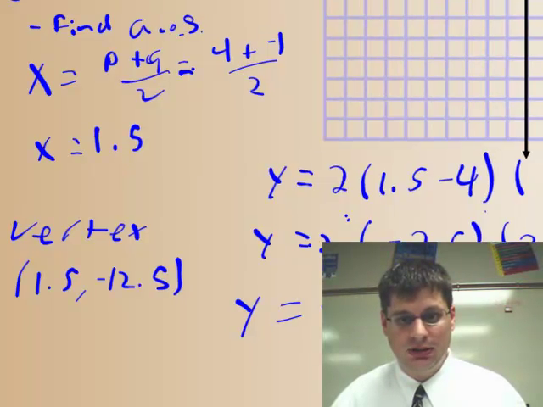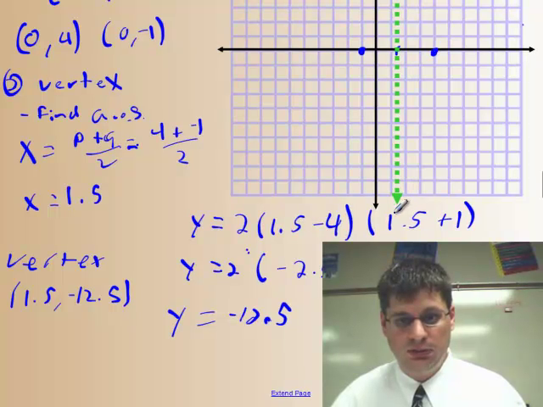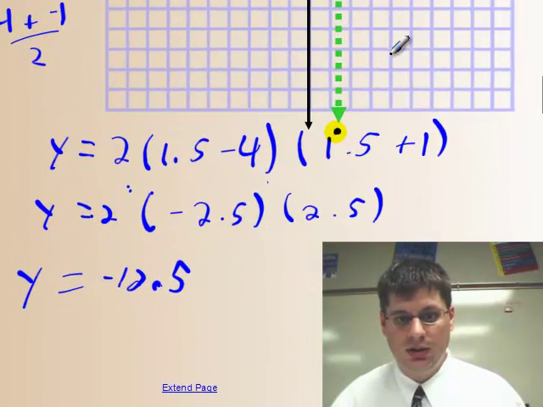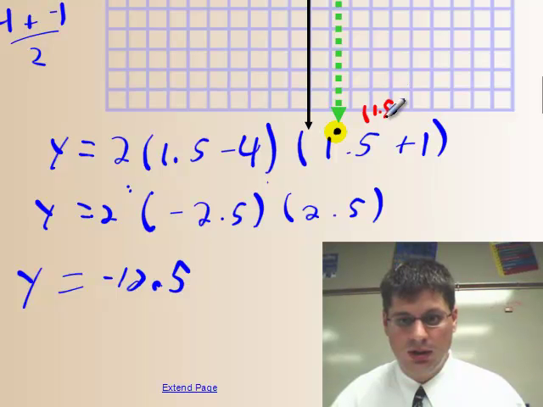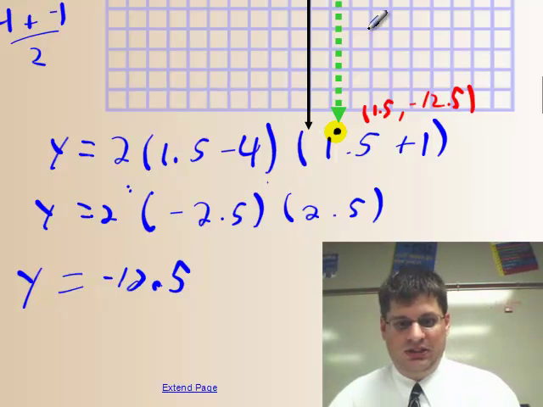So that point's going to be actually beyond my graph. I'll just put it right here. Let me highlight that point. So that's my point right there. It's 1.5, negative 12.5. I'm just doing that so you can see it.